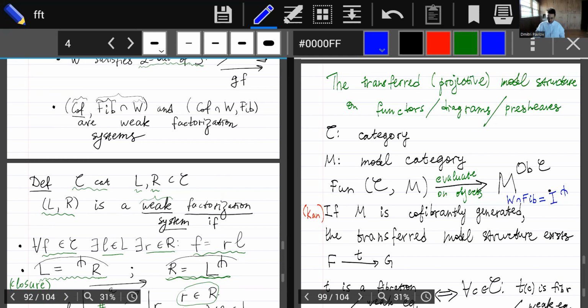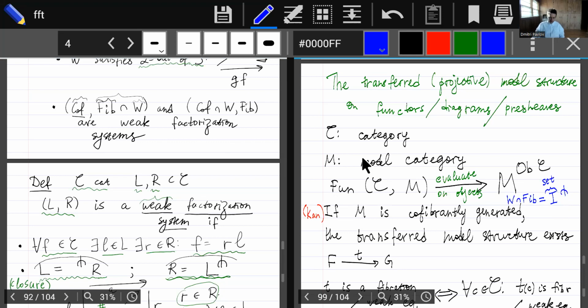Here, the condition is a slight generalization of that. We know that the maps with a right lifting property with respect to the class of all cofibrations are precisely acyclic fibrations. The way this condition is stronger is that capital I is required to be a set as opposed to a proper class.